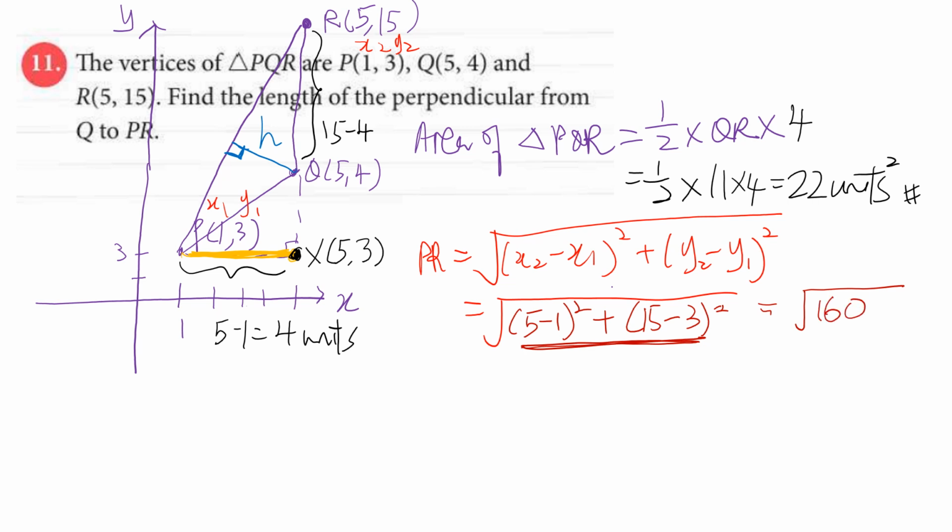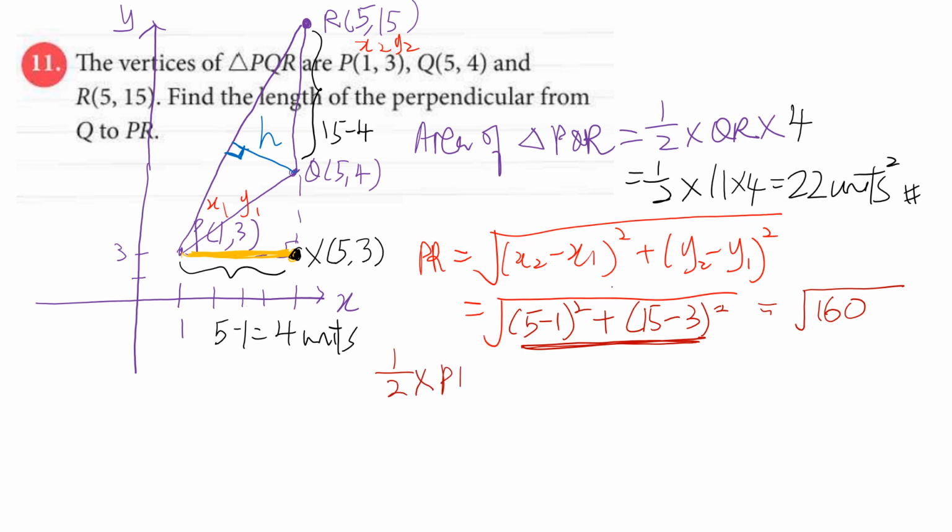Right. If PR is my base now, then my height will be the one that I've labeled on the diagram. We'll call it H. Let me write down a proper statement. It's always good to write down proper statements. That is the beauty of my video. I always write down every step for you.